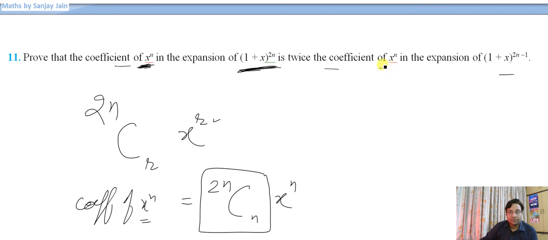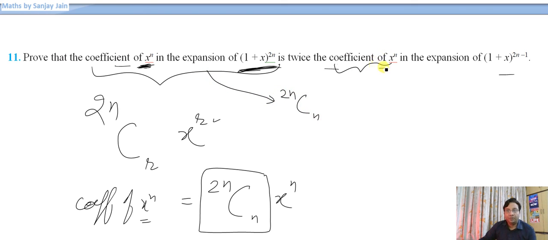So coefficient of x raised to power n in this expansion is 2n cn. And what about the coefficient of x raised to power n in this expansion? Let us see. 2n minus 1 cr x raised to power r.